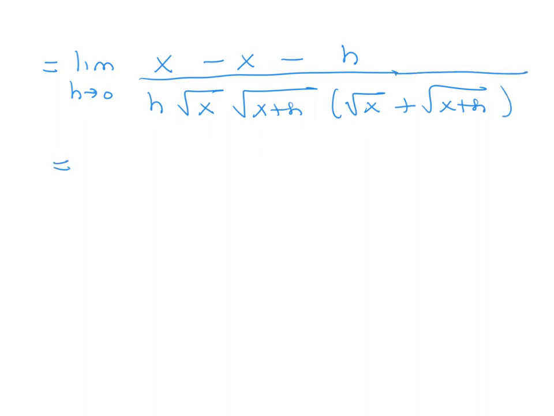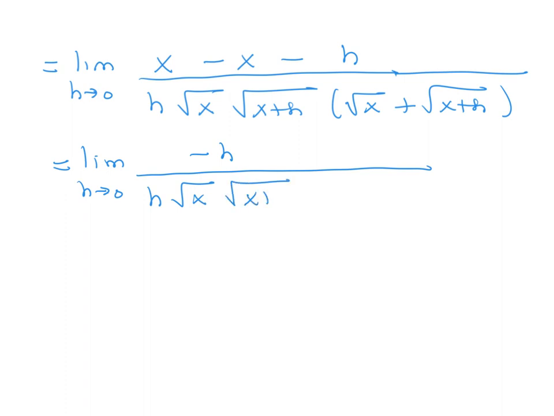In the top, we have a negative h left over, and it's been a long way to go here, but the good news is you can now cancel a factor of h. This cancels with that, and technically we have negative 1 left over.